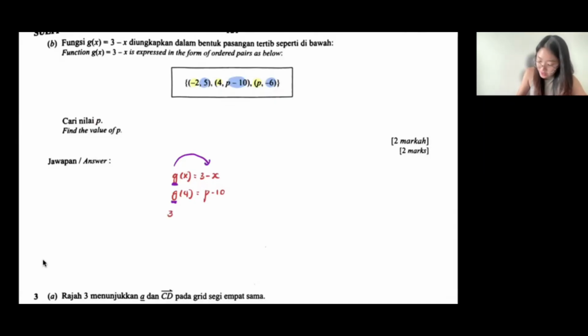Then for x right now, you put a bracket because it is no longer x for your object. It's 4, right? So you copy the bracket from the top. Object bring down, so that's 4. This is negative 1 equals p minus 10. So p equals 9. For the substitution step, you'll get 1 mark over here, and your final answer, another mark. So 2 marks here. Super easy.